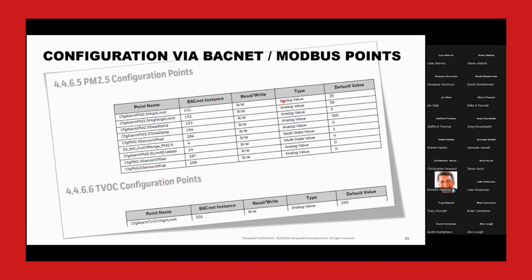It'll retain the configuration. If you tell it my high limit for my PPM is 40 instead of 35, it'll maintain it. But this is just a screenshot showing some of the probably 100 configuration objects that are available.